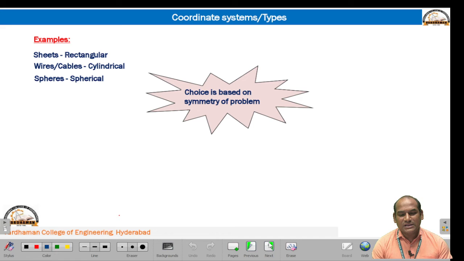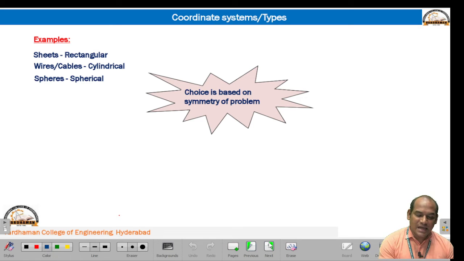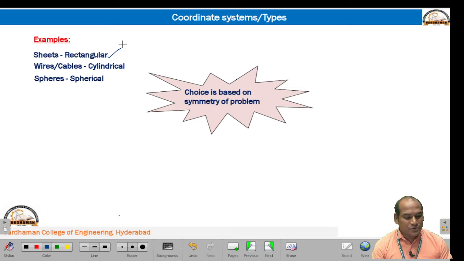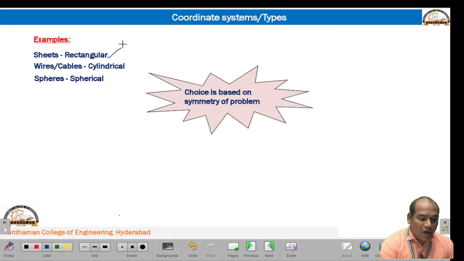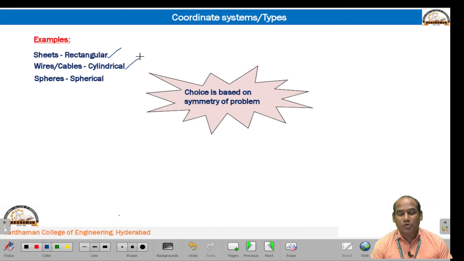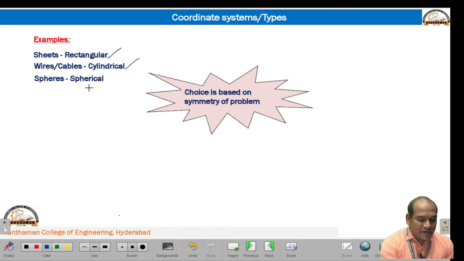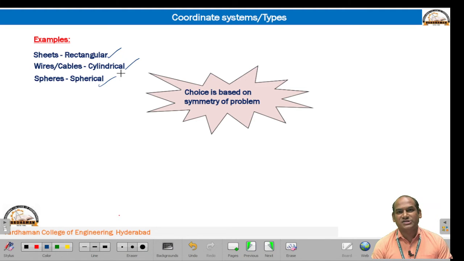For example, if the problem is based upon sheets, then it is better to select the rectangular coordinate system. If the problem involves coaxial cables, then it is better to select the cylindrical coordinate system. For something like a point charge, it is better to select the spherical coordinate system. Okay. So, based upon the problem symmetry, you need to select the coordinate systems.